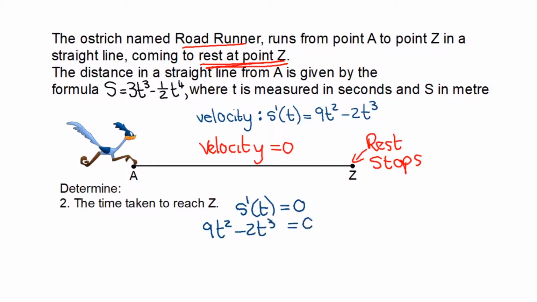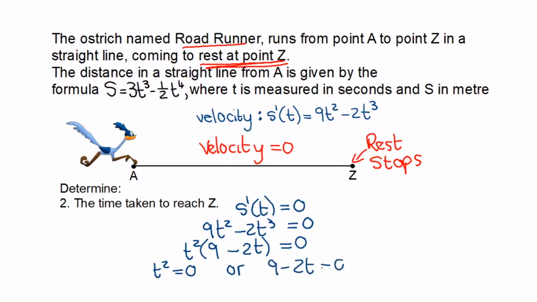Remember, I cannot divide with a t. It's an unknown. I don't know what it is. It could be 0, and I can't divide with a 0. It's not a linear equation, so I have to factorize. And how can I factorize? I can actually take out the highest common factor. In this case, I can take out a t squared. So 9 will be left, and if I take out t squared here, 2t will be left.